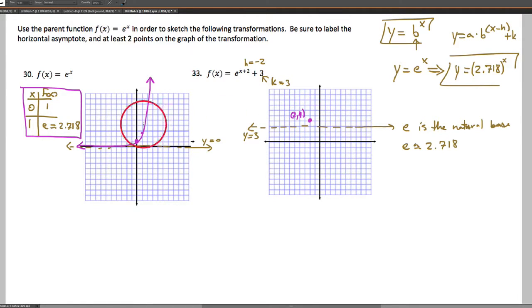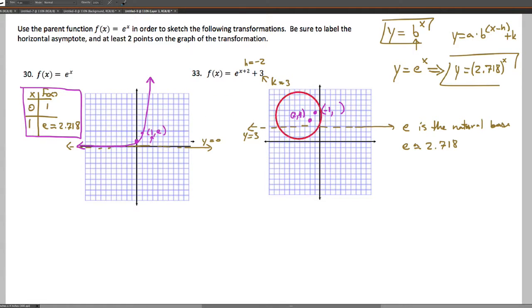And then our other point on here, well, we had 1 comma e. And so what we're doing is shifting this left 2, up 3. So to go left 2, up 3 from 1 comma e, 1 comma e was about right here. We'll go left 2, up 3. You can see that it would lie in this general neighborhood. But what I want everybody to recognize is that if we were to go left 2 from 1, we would be at an x value of negative 1.